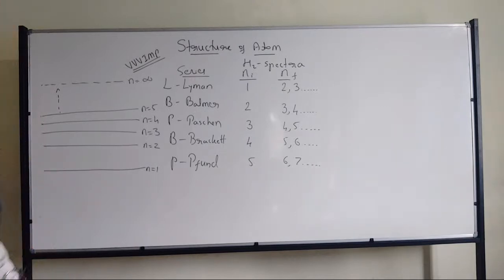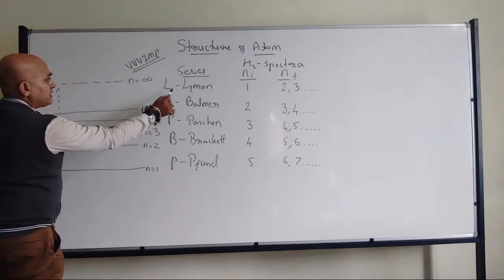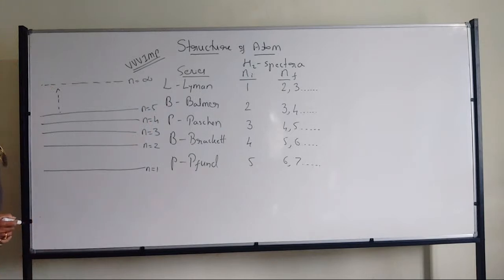Okay? So therefore, when I am talking about Lyman, the initial energy level was here, n equal to 1. Now it can go to 2, it can go to 3, it can go to 4 or it can go to 5, anything. All of you are understanding? When I am talking about the Lyman series, n equal to 1. So it can go here or here or here or here.